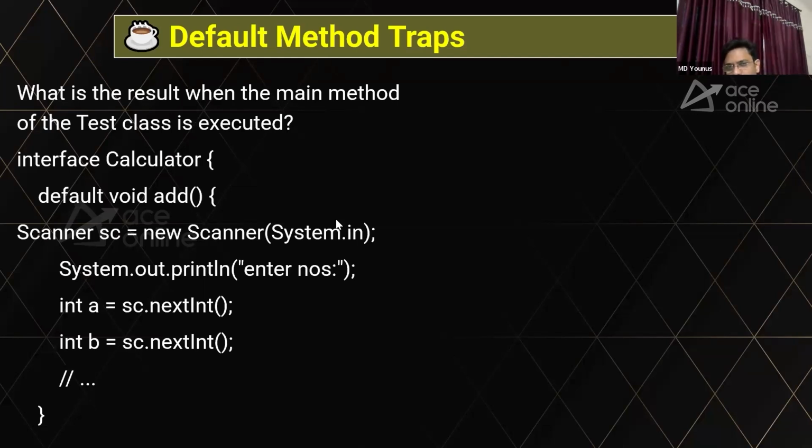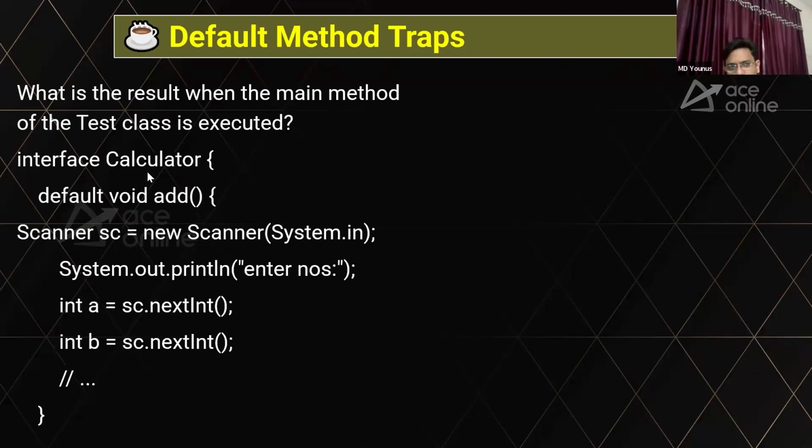If there is no question, please type Y in the chat window so that I get clarity that everybody is following. Everybody followed the default methods till now? You're all good with default methods now? That's nice. Great. Now, look at this code.